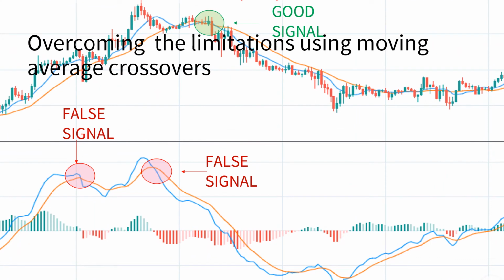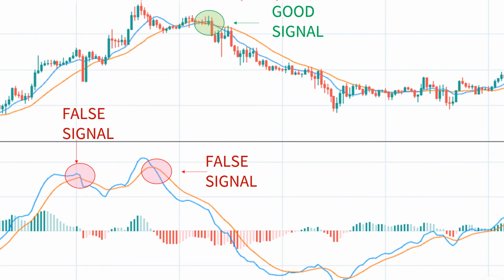How do we overcome the limitations of the MACD indicator? Well, we can use moving averages, more specifically two moving averages, a faster moving average and a slower moving average, and wait for crossovers. So how would this work?